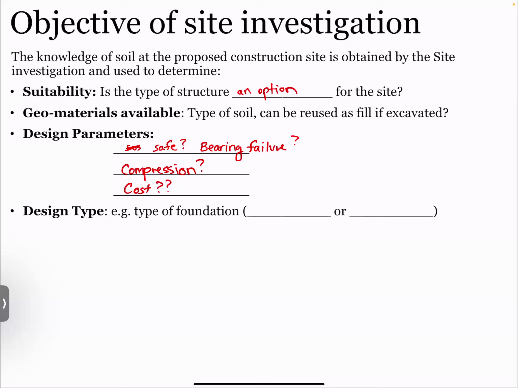From a geotech standpoint, we want to consider the type of foundation that makes the most sense for our proposed structure, whatever that is. Is it going to be a shallow foundation or a deep foundation? So piles versus a raft foundation or a mat foundation. All of those come with their own constraints, a different cost, a different contractor, all that kind of thing.